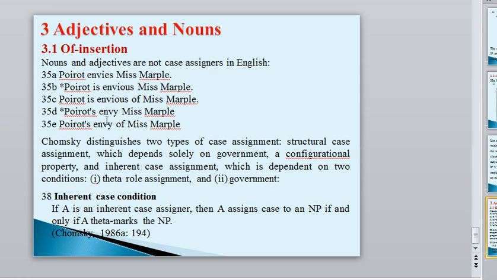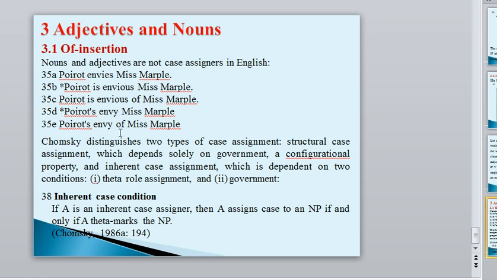Look at another example. Poirot's envy Miss Marple. Again, you see here we have a noun. And as I told you, a noun, like an adjective, is not a case assigner in English. So if we have a noun here, our NP doesn't have case. So this sentence is ungrammatical.